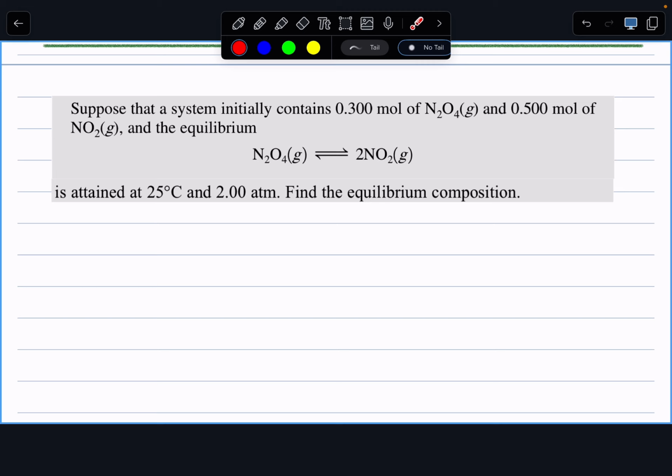And number 5, we know what my Kp naught is. We know what my partial pressures are. So we can solve for our extent of reaction.